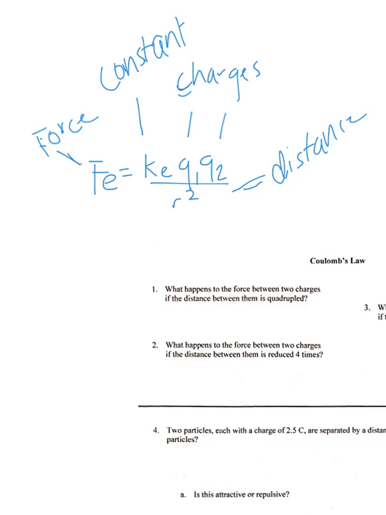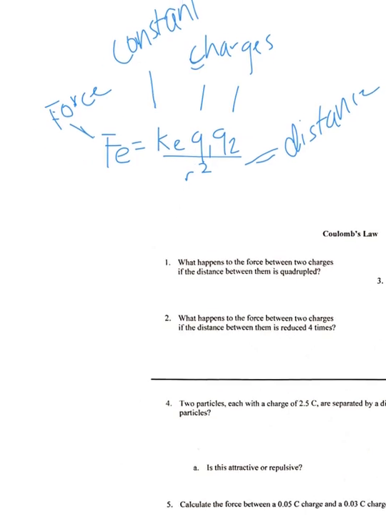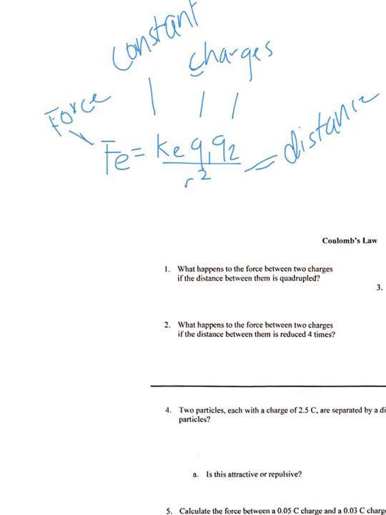So I just wanted to highlight that real quick before we get too much into talking about this. So number 1 says, what happens to the force between two charges if the distance between them is quadrupled? So we're looking here at the distance itself being quadrupled. So we need to know, how is F proportional to R, right? R is the distance.